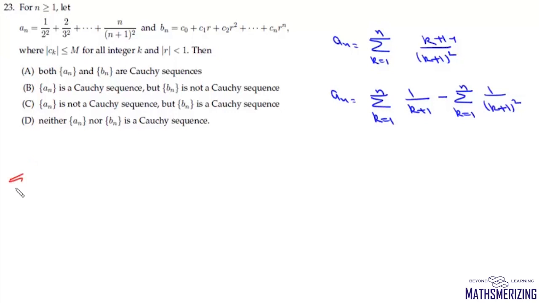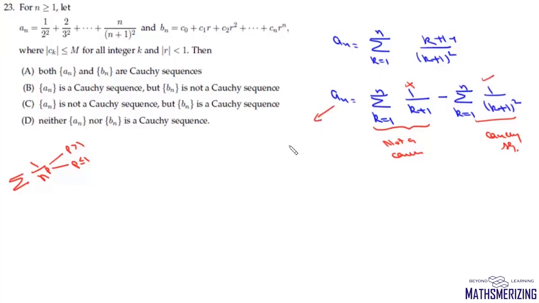Now we know that harmonic sequences 1 upon n to the power p are convergent if p is greater than 1 and they are divergent if p is less than or equal to 1. So for this one, summation 1 upon k plus 1 is not a convergent sequence. So it is not a Cauchy sequence. And 1 upon k plus 1 square will be a Cauchy sequence. So this first sequence is not Cauchy and the second sequence is a Cauchy sequence.